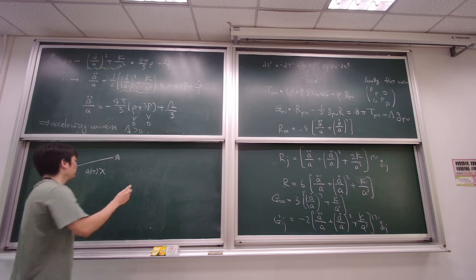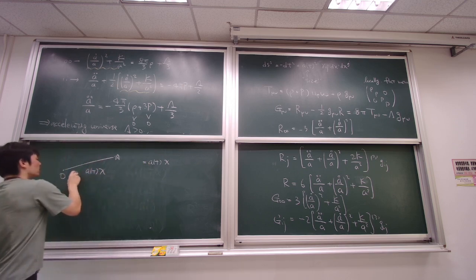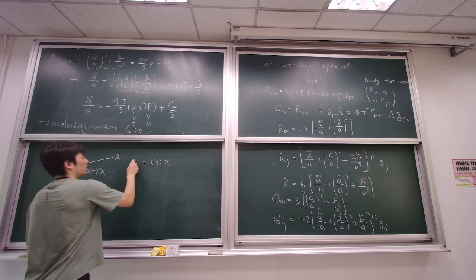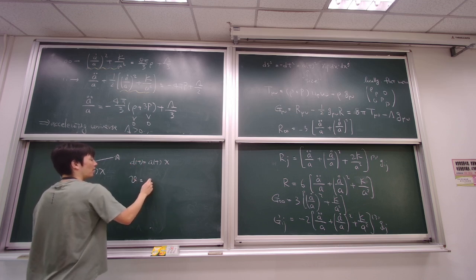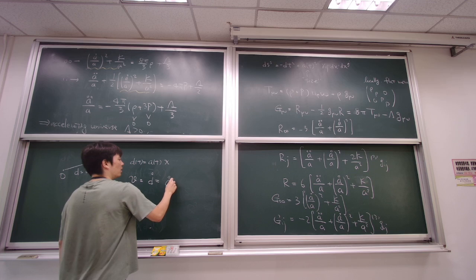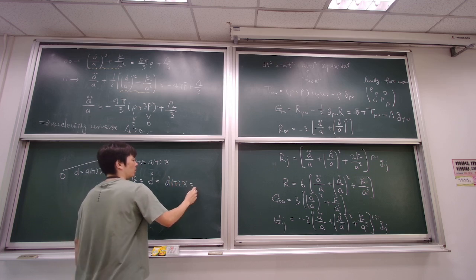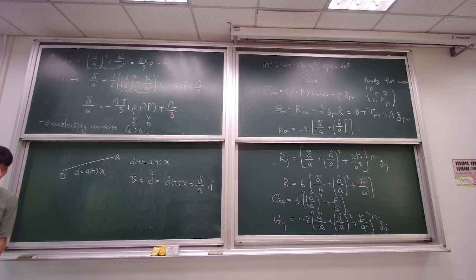You just take the derivative. This A chi is the distance, so the velocity is d dot, which is A dot chi, which is A dot over A times d.